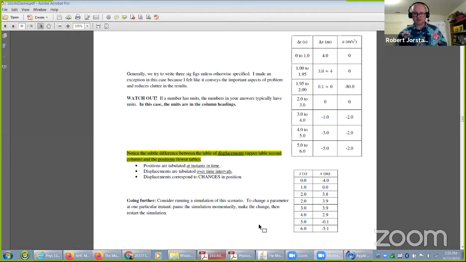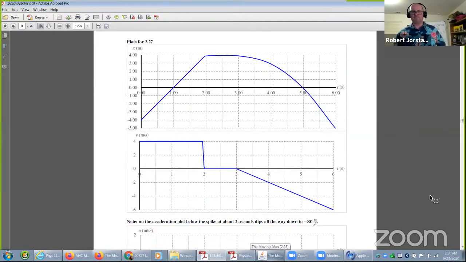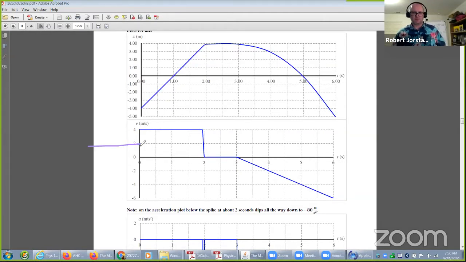Now let's take a look down here on the next page. That's what I wanted to show. I made these plots of motion. Now they're not perfect, but they're pretty close. All right. And so this was my attempt to make those plots, and I need to stick in a few more points and improve this top one. This one was what we started with. You could see it started at -4. This was what that problem just said.